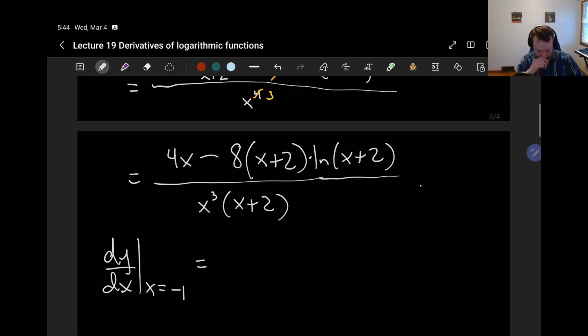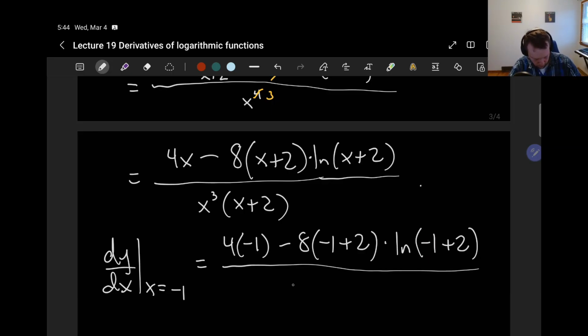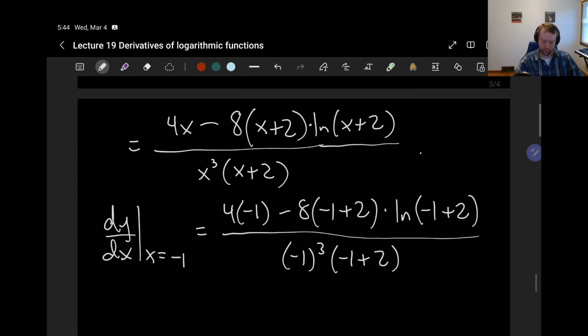When the x value is -1, we plug in -1 for x. Now you can save a little time by noticing that this ln here is ln of 1, and that is 0.